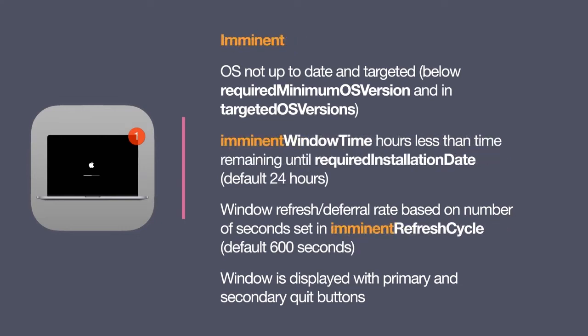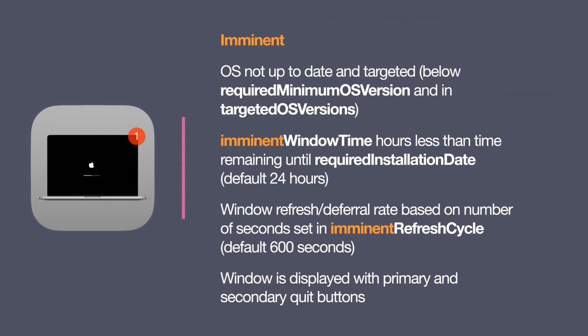Okay, DEFCON 2, things are getting quite serious now. Nudge is now at its imminent stage. So the installed version of macOS again is less than the required minimum OS version preference. The number of hours before we reach the required installation date is now less than what's set in the imminent window time preference, which is 24 hours by default.